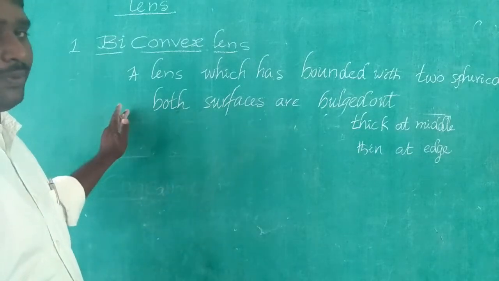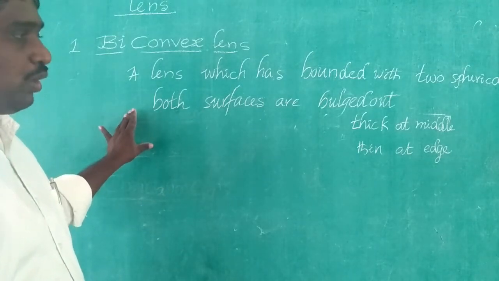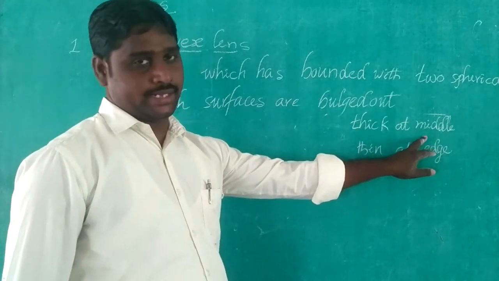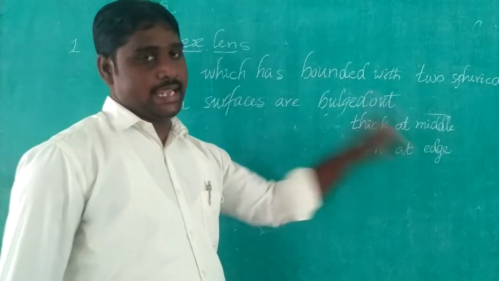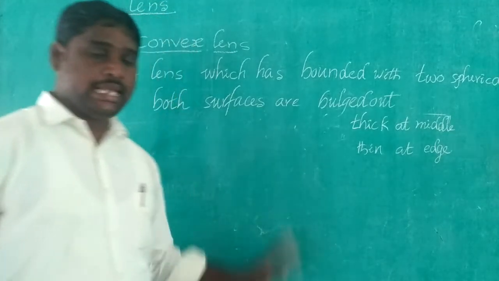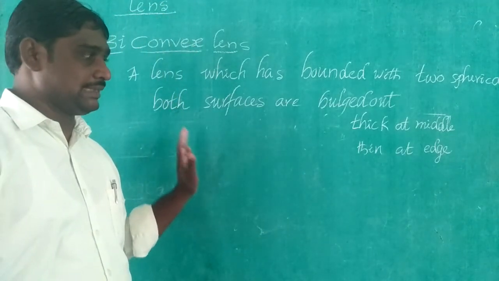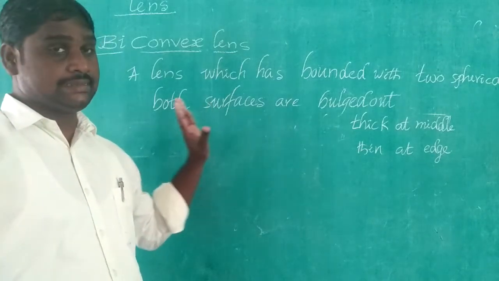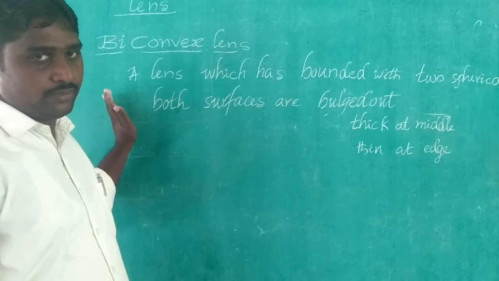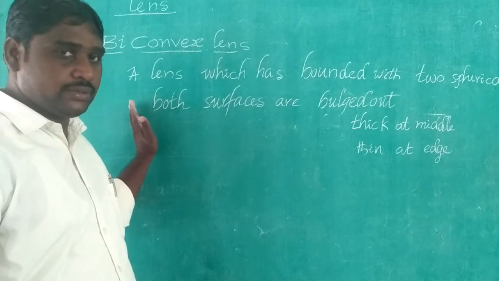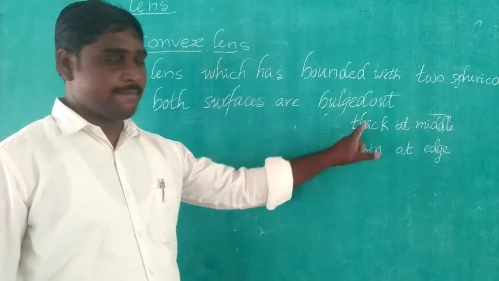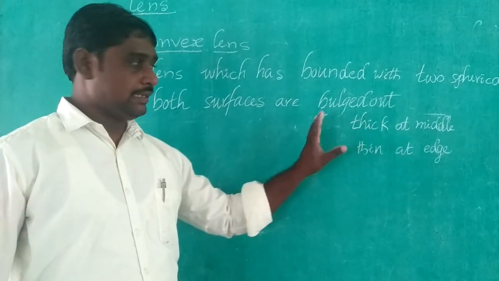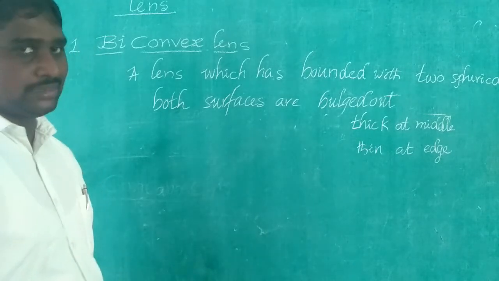Okay, what is the property of a convex lens? A convex lens is thick at the middle part and thin at the edge. A lens which is thick at the middle and thin at the edge is called a convex lens.